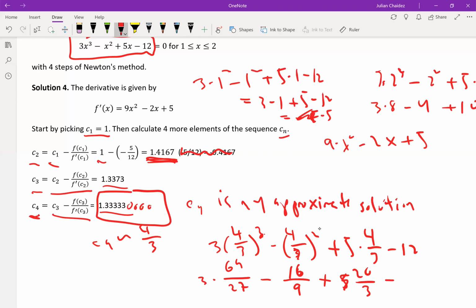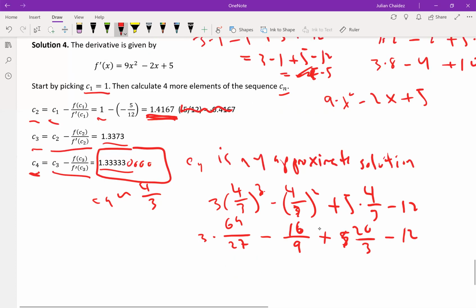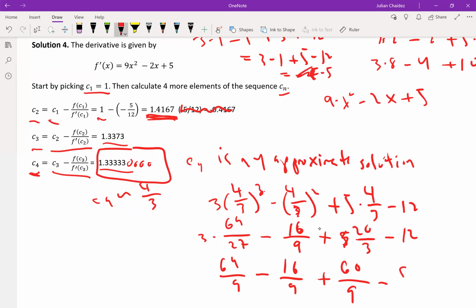And if I simplify that a little bit, I get 64 divided by 9 minus 16 divided by 9 plus 60 divided by 9 minus 108 divided by 9. And if I did all of that correctly, I get 124 minus 124, so the result is 0.